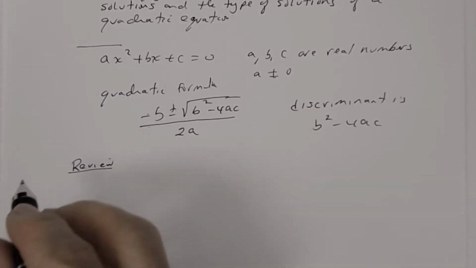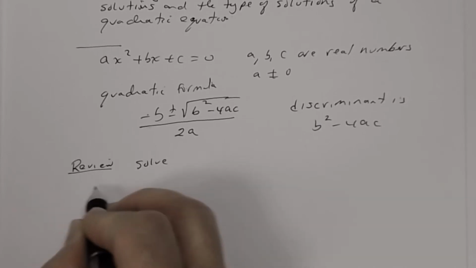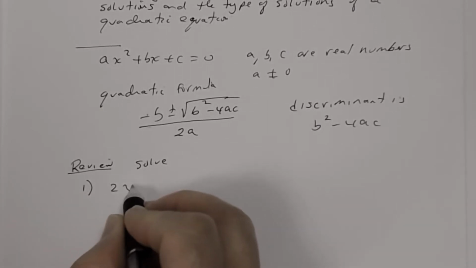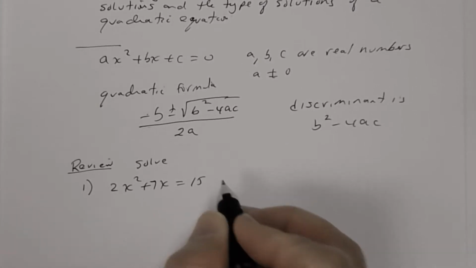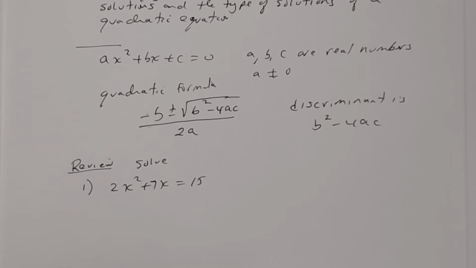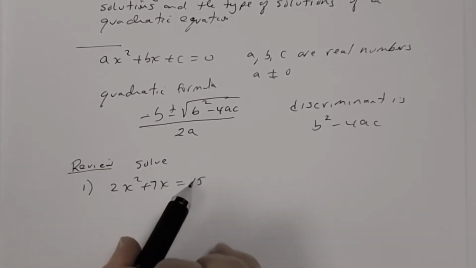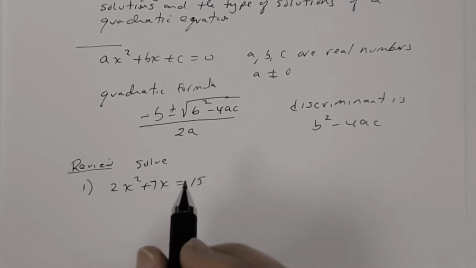Okay? All right, so number one, let's suppose you want to solve this quadratic equation. So number one, let's suppose we had 2x squared plus 7x equals 15. Now remember, when solving a quadratic equation using the quadratic formula, it has to be in standard form. So this is not quite in standard form, so I've got to bring the term 15 to the left-hand side.